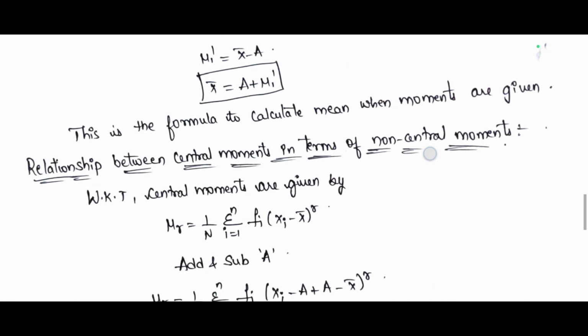Here we know that the central moments are given by mu r. What is our mu r formula? mu r is equal to 1 divided by capital N summation i runs from 1 to n fi into (xi minus x bar) whole to the power of r. Add and subtract the a value in this function.